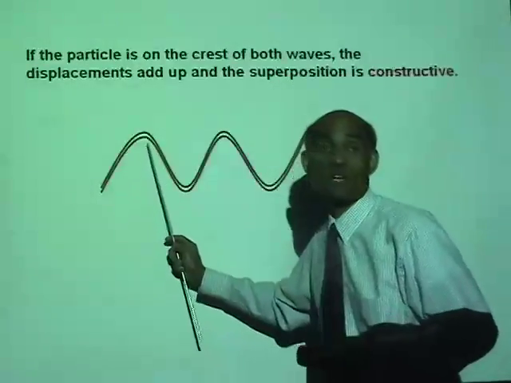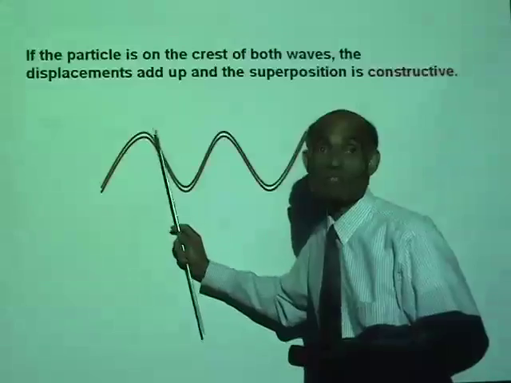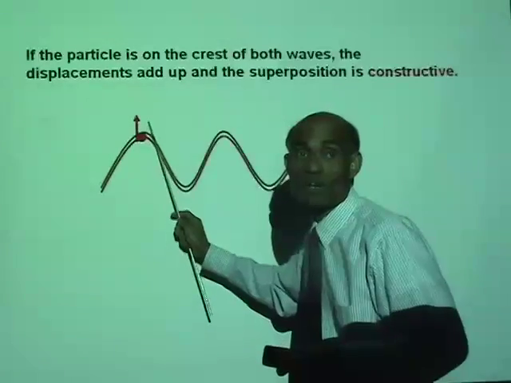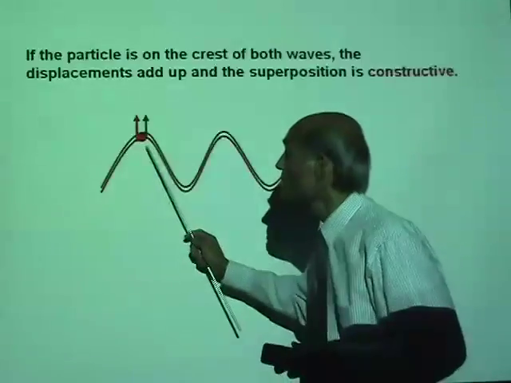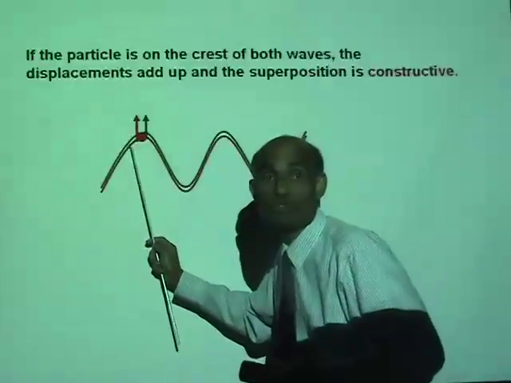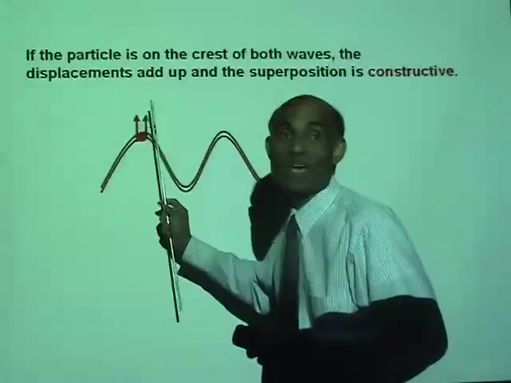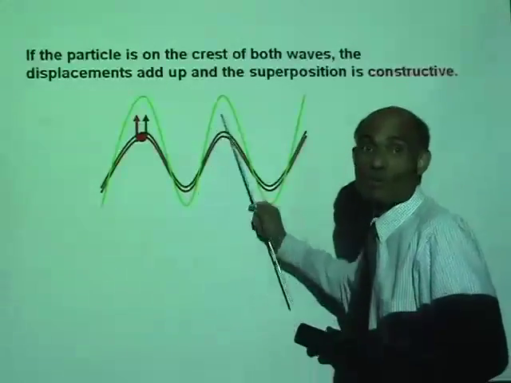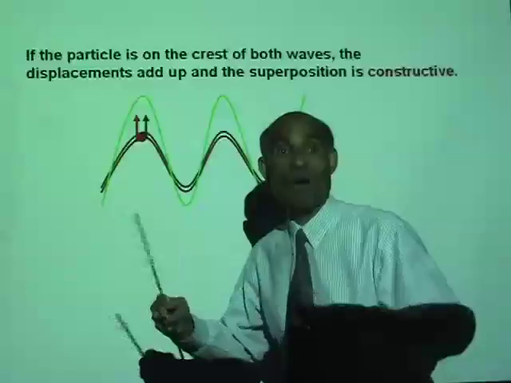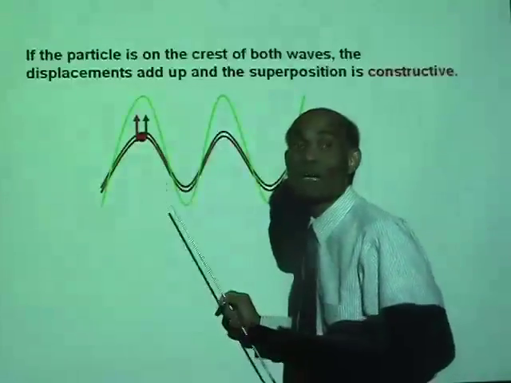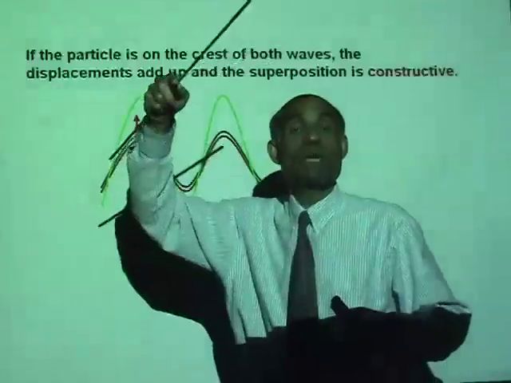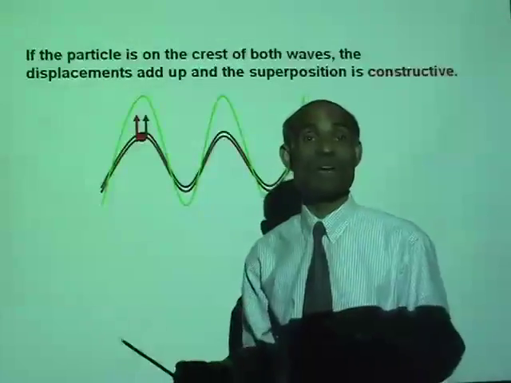Now, this is an example of constructive interference. The red wave and the green wave produce displacements in the same direction. Therefore, the total displacement will be the sum of the two. You get a bigger wave. A constructive interference results in a bigger amplitude wave.